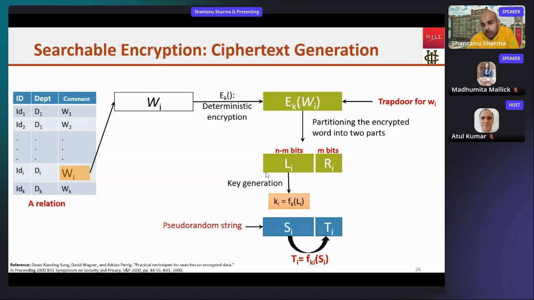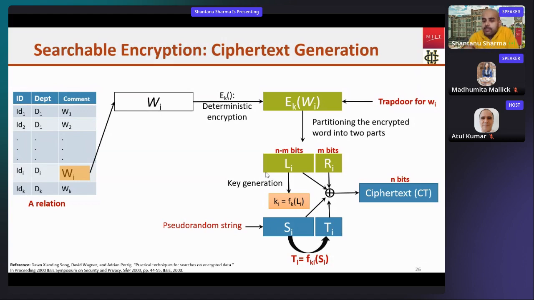The length of the pseudo random string is the same as the left part, that is n minus m bits. On this string Si, we perform the same function that we performed over Li, under the key that we have generated in this orange color box. Now it will produce another value that I am denoting as ti.